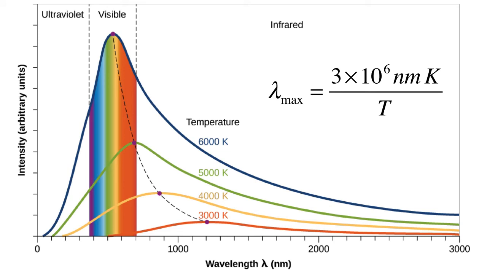And so if you take 6,000 or 5,000 or 4,000, you put that in the denominator, and then you do your math, you'll get a bunch of nanometers. And that nanometer number will be the exact wavelength of your peak. Whether it's here in the greens, here in the reds for 5,000, and in the infrareds for 4,000 and 3,000.